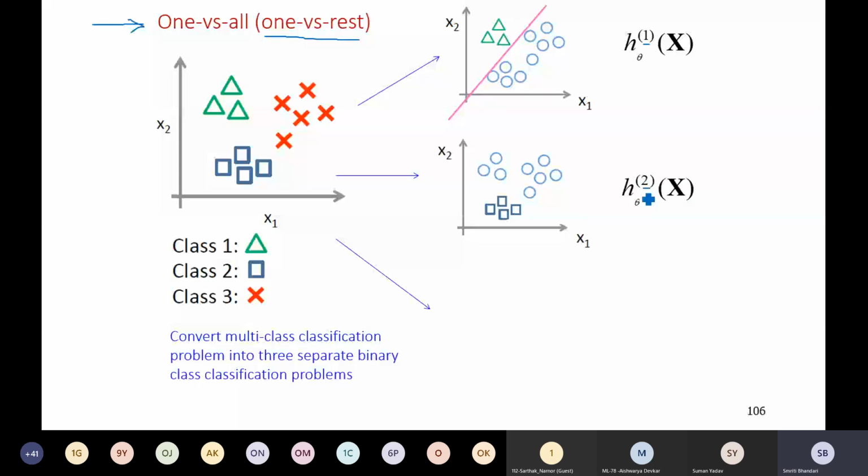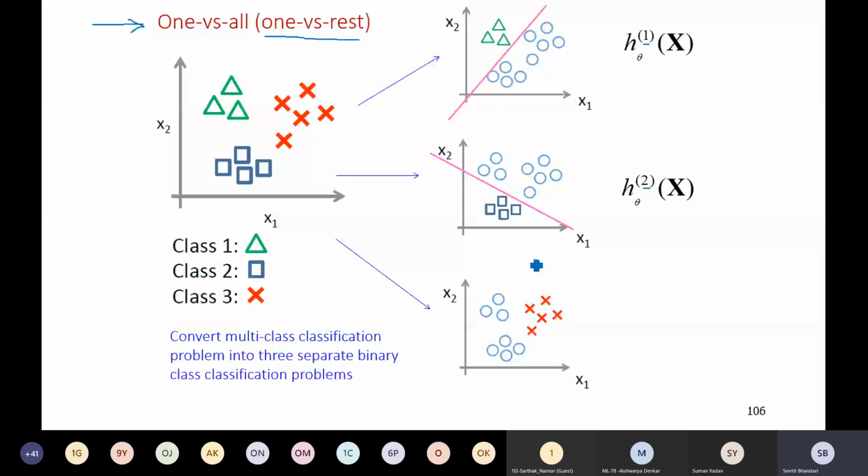So this is the hypothesis that gives me the probability that my example belongs to class 2. Maybe I am getting such a decision boundary for this h theta x2.